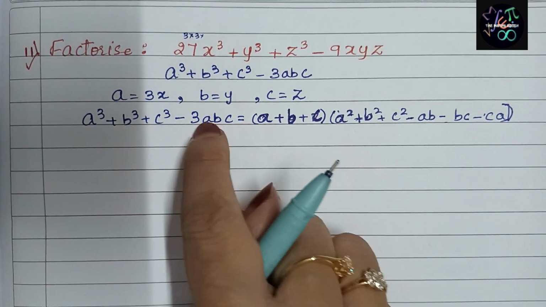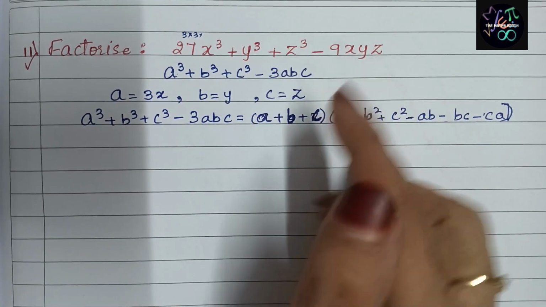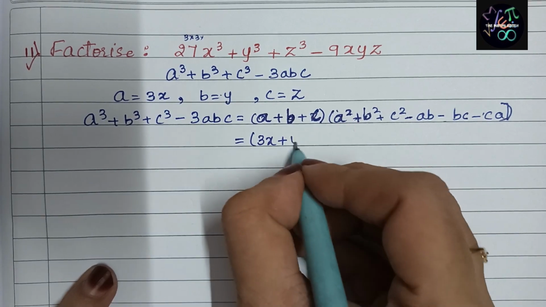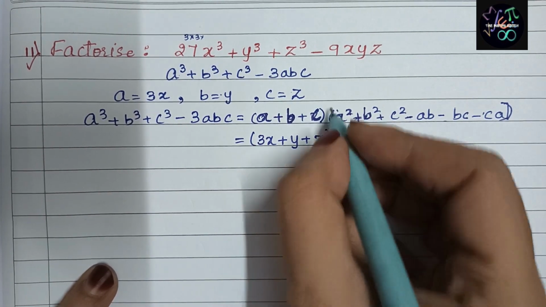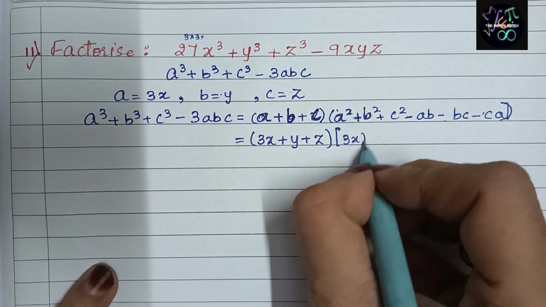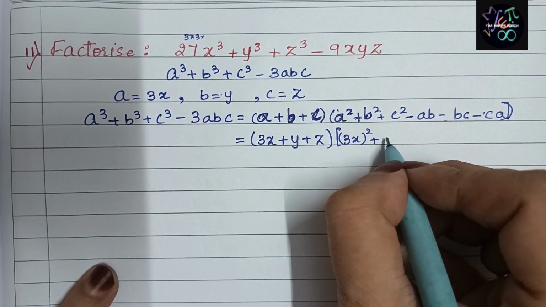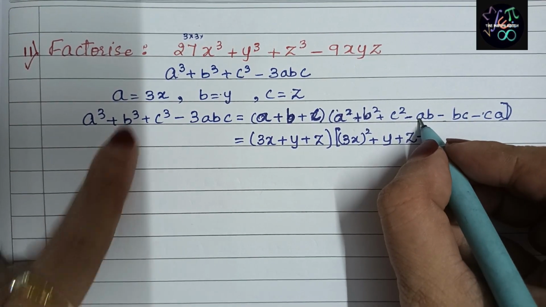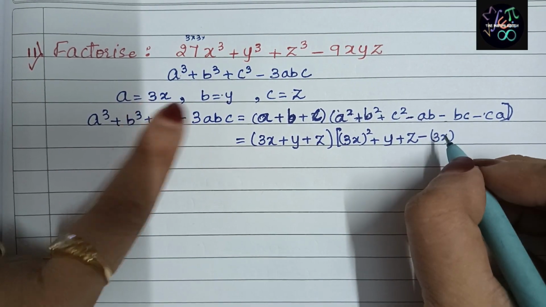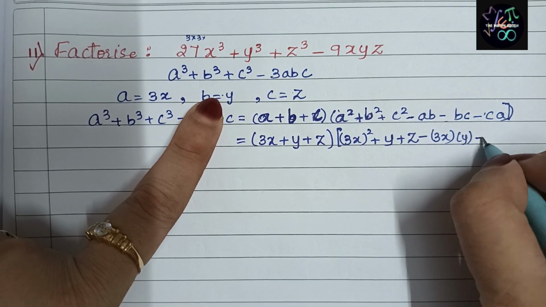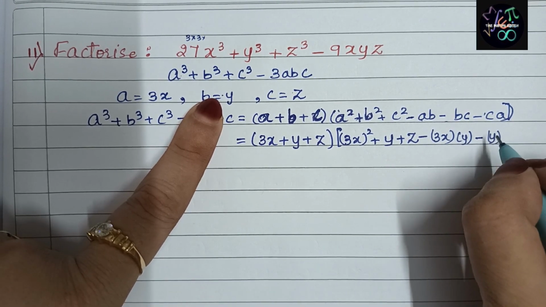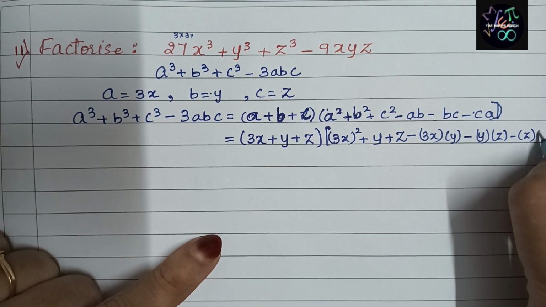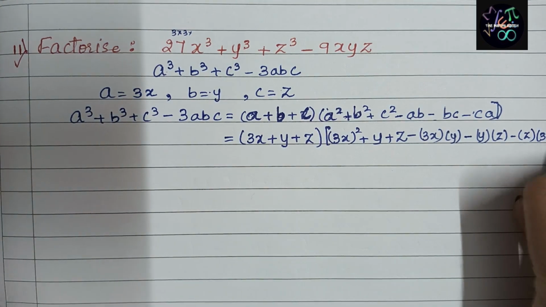Okay, now let us substitute, because they have given these values. A value is 3x, b value y and c value is z. A square value is 3x square plus b square y square plus c square z square. Then again minus a value 3x into b value y, minus b value y into c value z, again minus c value z into a value 3x.